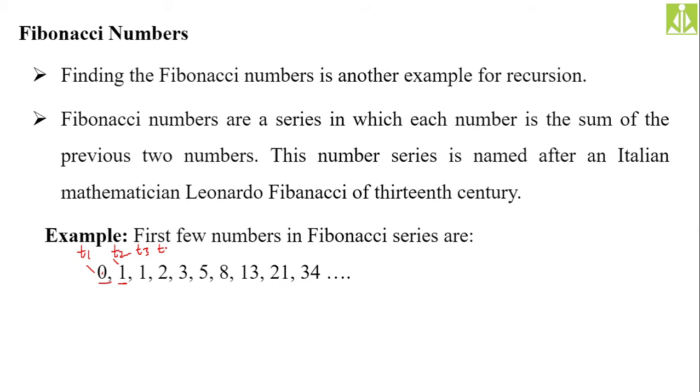To get T4, add the previous two, 1 plus 1. These two we need to add, so you will get 2. 2 we are placing over here. Then to get T5, term 5, add the previous two, this and this. So you get 2 plus 1, 3. Then to get T6, add T5 and T4. 3 plus 2, 5. Likewise, 8, 13, 21, 34.